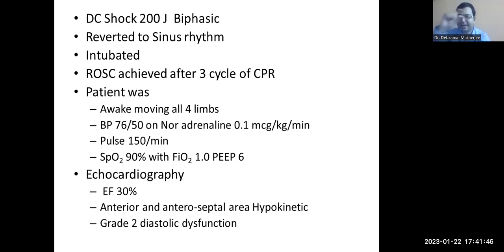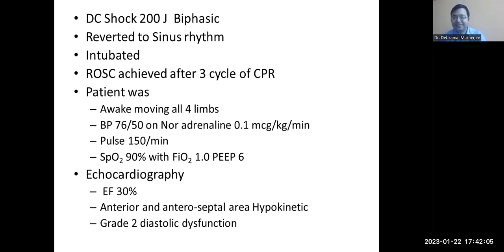Sometimes the gain on the cardiac monitor is kept low, and ventricular fibrillation then mimics asystole. That is the point I wanted to highlight. It was actually ventricular fibrillation, but it was showing a misleading flat line.